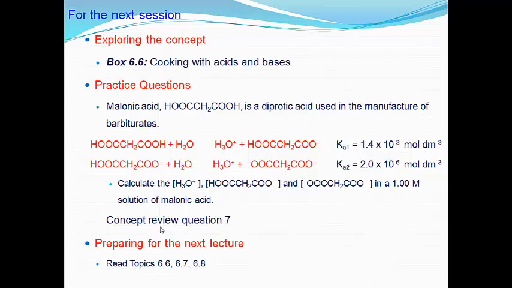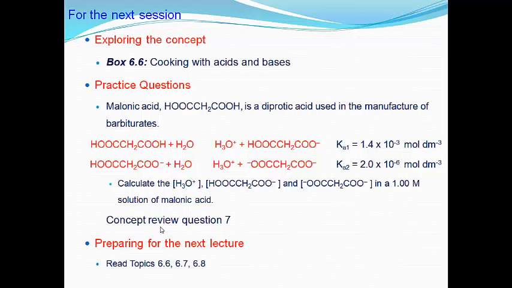So for the next session, we want you to continue to explore the concept. We want you to look at box 6.6, which looks at cooking with acids and bases, and then we want you to delve into looking at multi-step ionization of these polyprotic acids. An example here is malonic acid. We want you to calculate the concentration of the various ions in solution when you make up a solution of malonic acid in water.